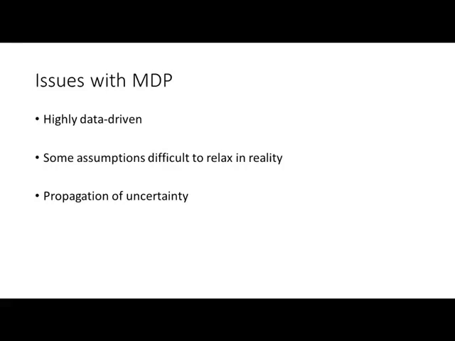And the third issue is the propagation of uncertainty. This is an issue I have had with any kind of model, because our models are based on our knowledge, based on the data, right? So if you have a lot of uncertainty in the parameters, in the model selection, and in the scenario, eventually your model outcome will be heavily influenced by those uncertainties.